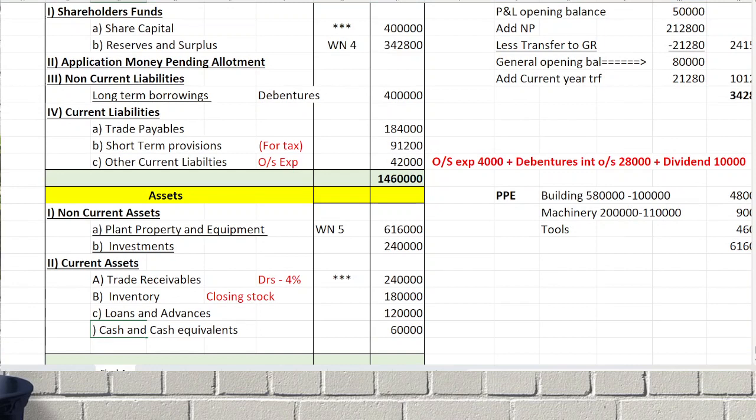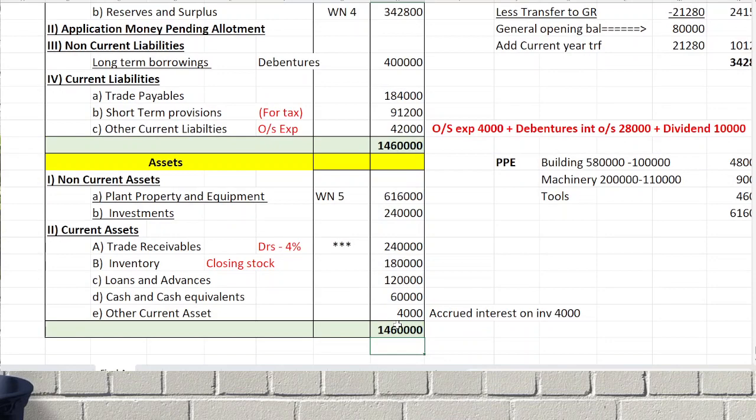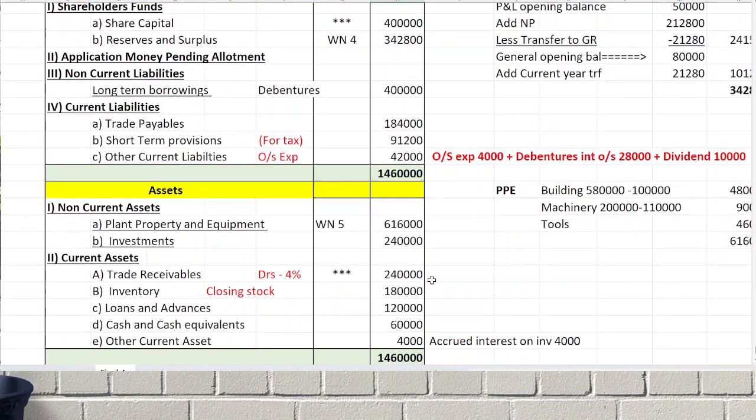Other current asset will come, and the accrued interest. How much? Total 14,60,000.